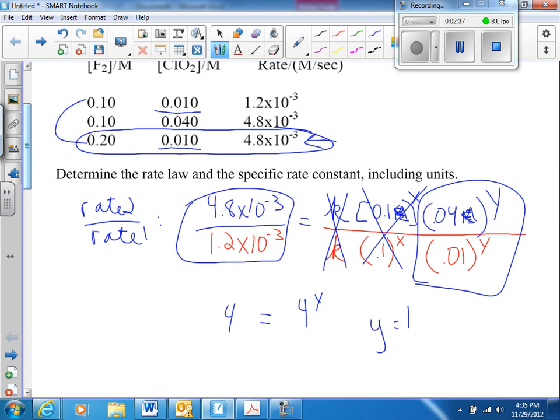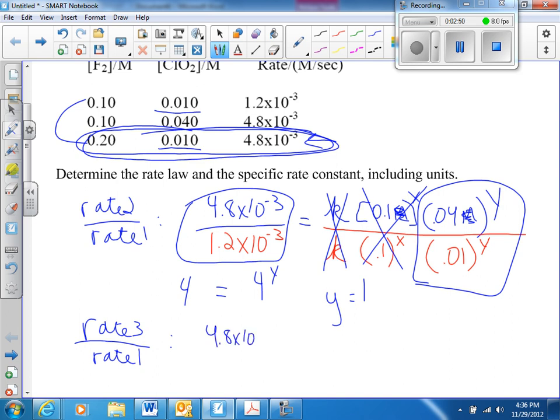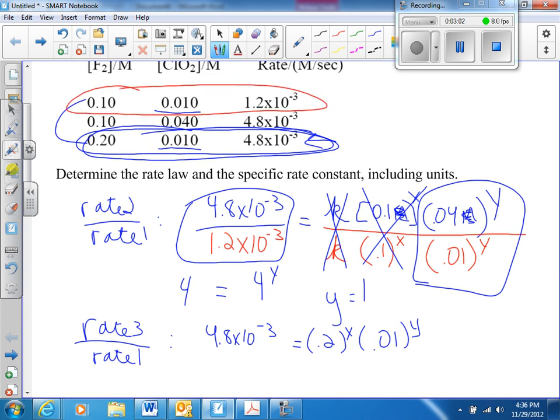So rate 3 is right here. Rate 3, 4.8 times 10 to the minus 3, 0.2 to the x, 0.01 to the y, and I'm going to divide that by rate 1.